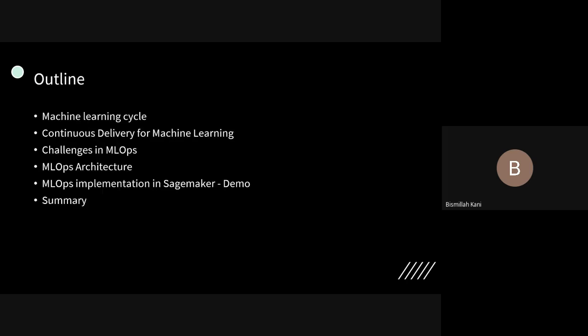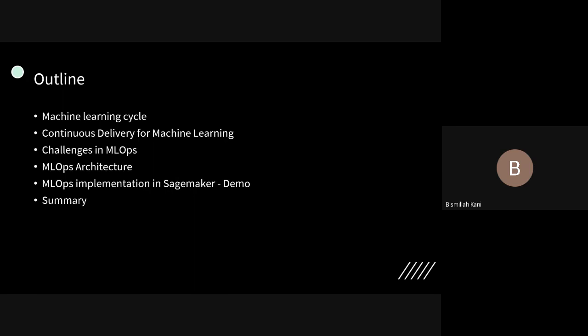So the topics that we will cover in today's webinar are as below. First we'll start with understanding what a machine learning project life cycle is, and then we will see how we can apply the concept of continuous delivery for machine learning projects.